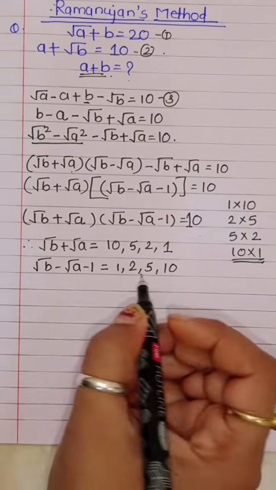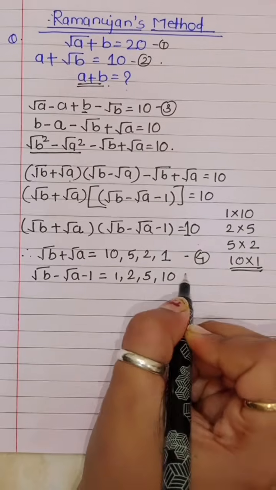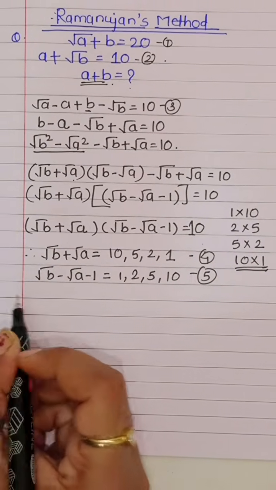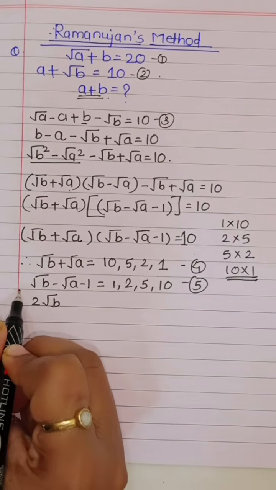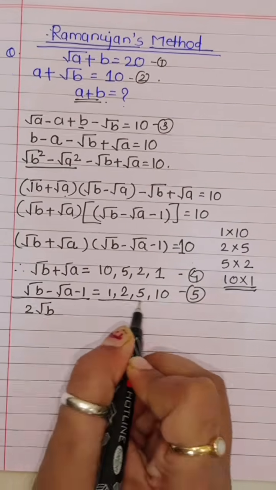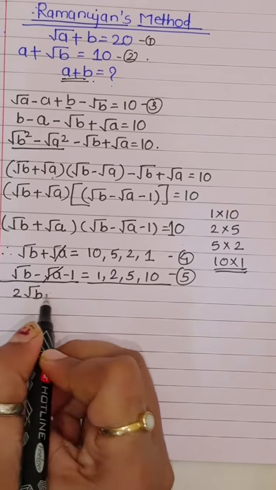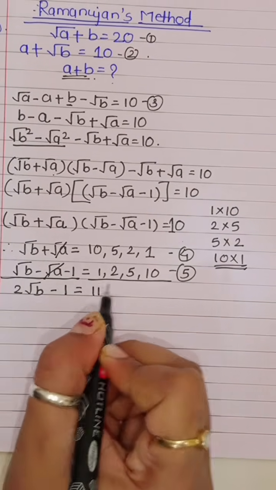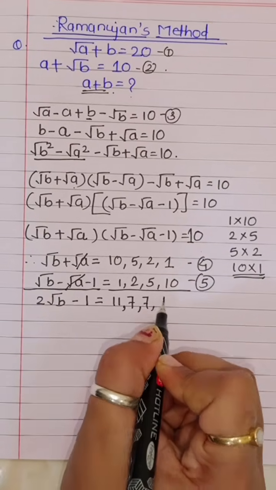Now adding, this is equation 4 and this is equation 5. Adding 4 and 5 we will get 2 square root of b plus square root of a minus square root of a cancel, minus 1 is equal to 10 plus 1, 11; 5 plus 2, 7; 5 plus 2, 7; and 10 plus 1, 11.